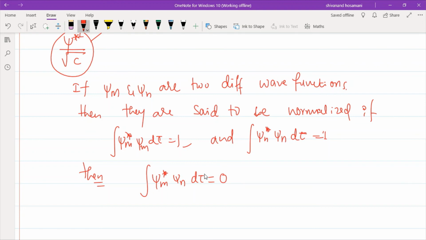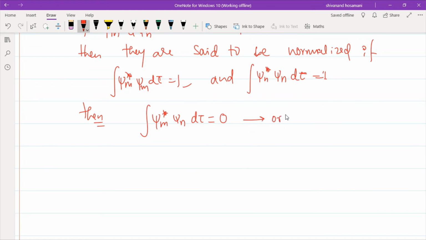So this is called orthogonal. Those wave functions which give a probability equal to 0 with two different wave functions are called orthogonal. So these wave functions, psi m and psi n, are said to be mutually orthogonal.